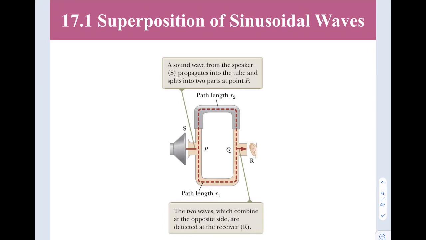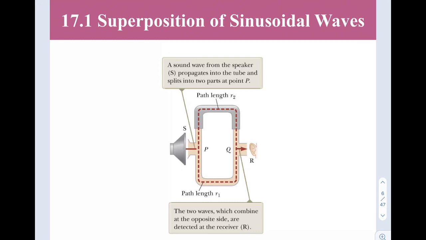What happens is the distance along any path from the speaker is called the path length, R1 and R2. The lower path length R1 is fixed, but the upper path here can be moved by sliding the U-shaped tube, similar to that on a slide trombone.